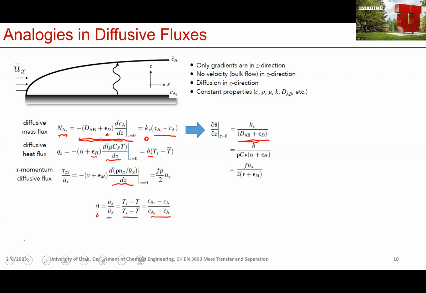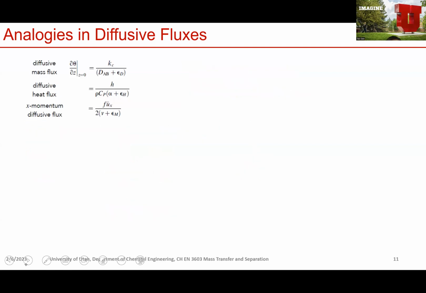Now, how do we leverage this functional form to find the mass transfer coefficient? If we make some further assumptions, if we assume momentum diffusivity is the same as thermal diffusivity, that is to say the Prandtl number is 1. If we assume the momentum diffusivity is the same as mass diffusivity, that is to say the Schmidt number is 1.